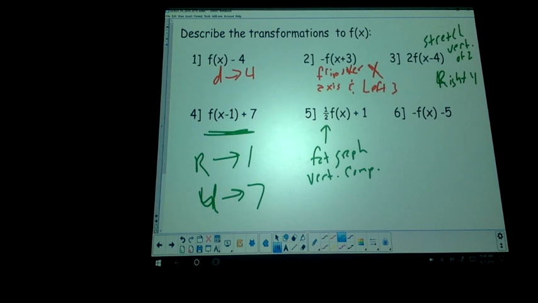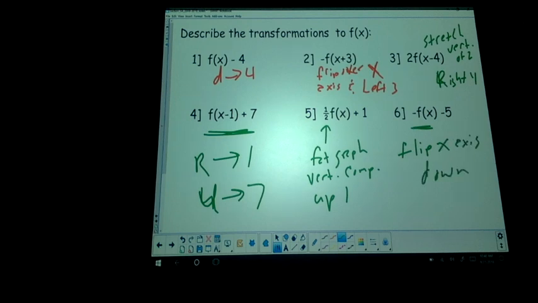Best way to look at stretches, we'll get to it in a little bit, is you pattern graph it. You go up 1, right 2, up 1, right 2 on this one. That would make it fatter. And then it shifts up 1. And then what does this do? Yeah, so reflect over x-axis and down 5.